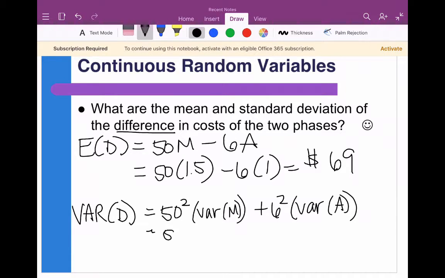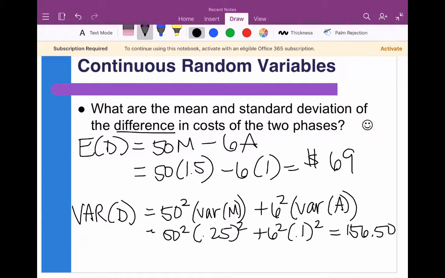So it would be 50 squared times 0.25 squared plus 6 squared times 0.1 squared, which gives us the same variance as before of 156.50. Now, even though our original thought was to subtract, we actually have to add our variances, because even when you are subtracting, we increase our variation.